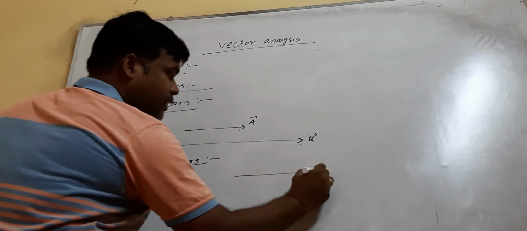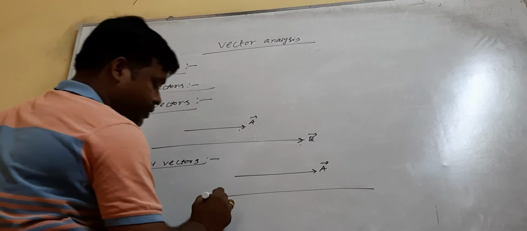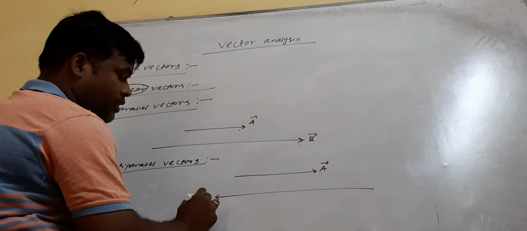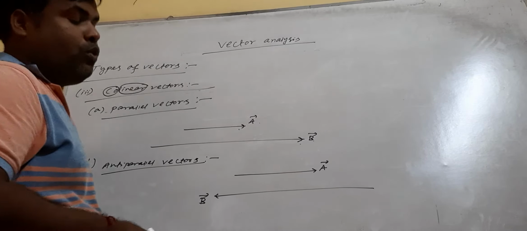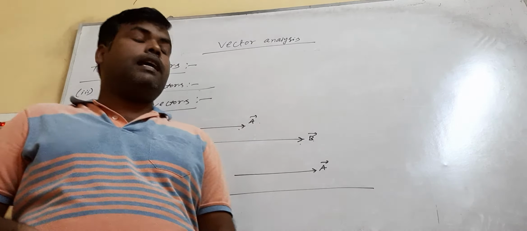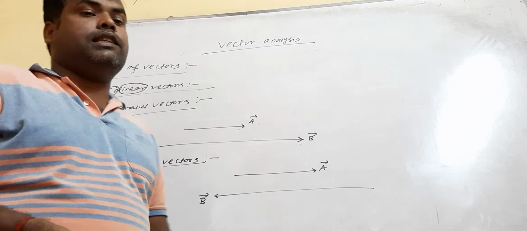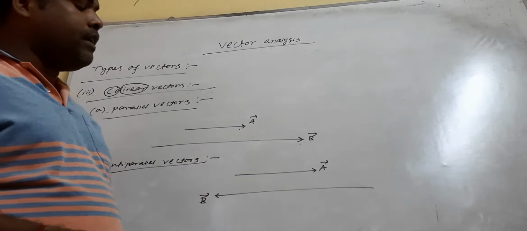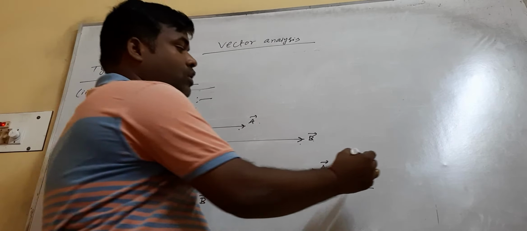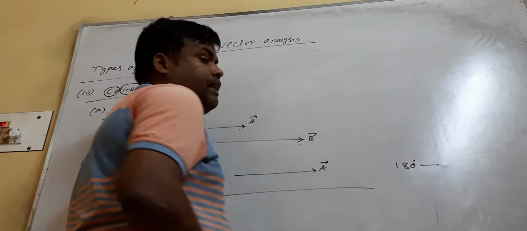Suppose it is A vector, it is B vector. Now you see the directions are opposite to each other. So you can say A vector and B vector are anti-parallel with each other. Now what is the angle between them? A vector and B vector are in opposite directions, so the angle between them is 180 degree.